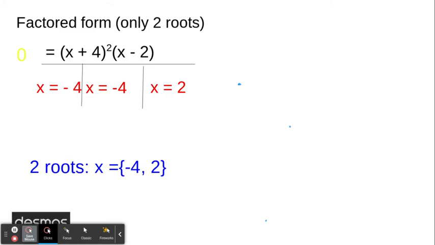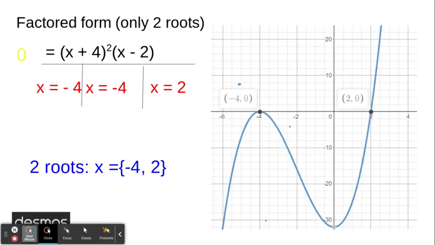Now, I put this in Desmos, and I generated the graph, and lo and behold, there are only two places where g of x touches the x-axis, because in one of the roots, there's what I like to call a bounce.